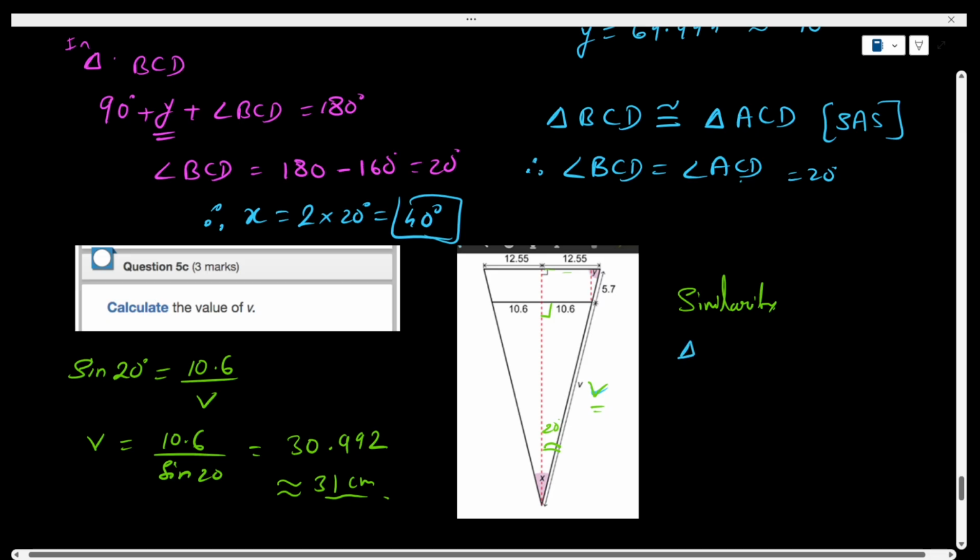So the corresponding sides will be in equal ratio. So 12.55 by 10.6 equals the big one, V plus 5.7, by V. If you do the simplification, you can get the V value as approximately 31 centimeters.